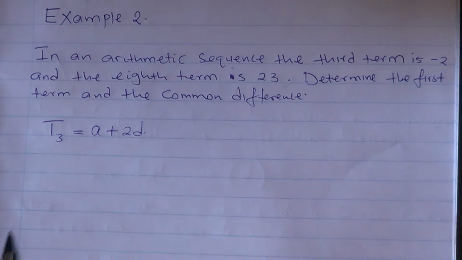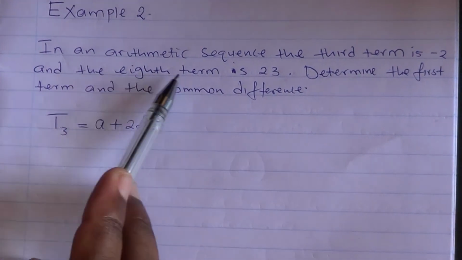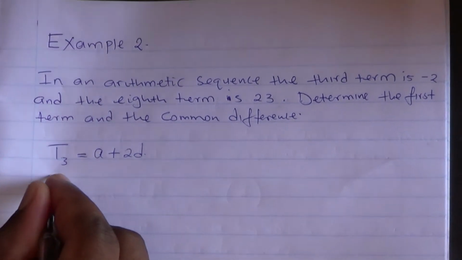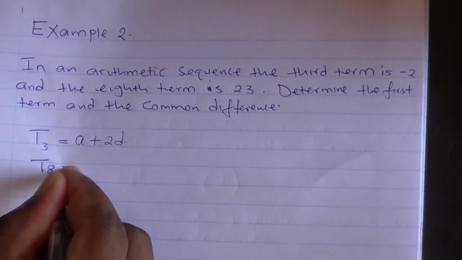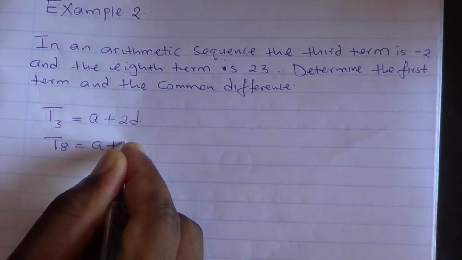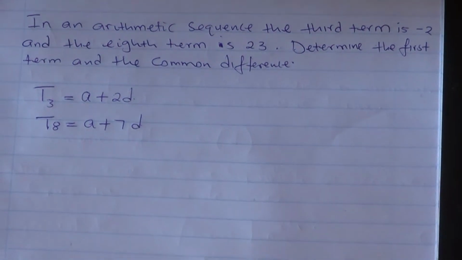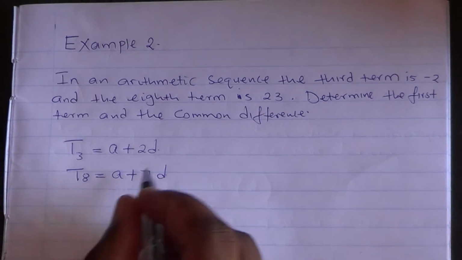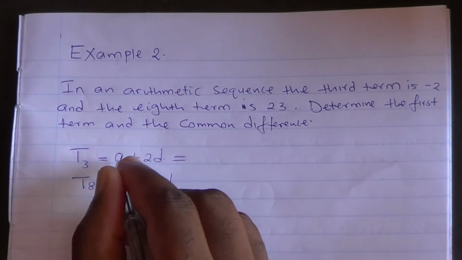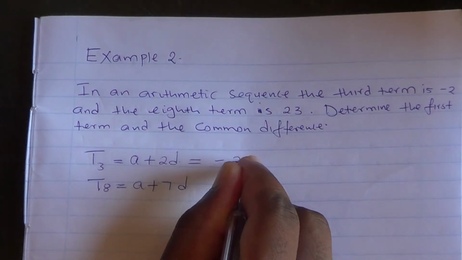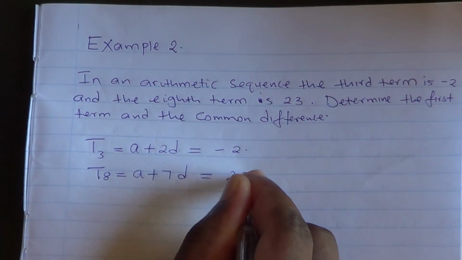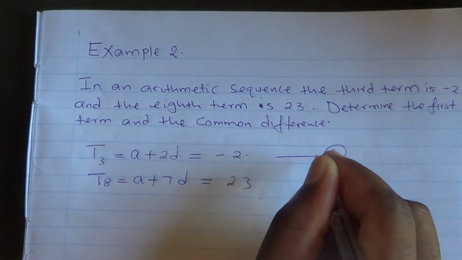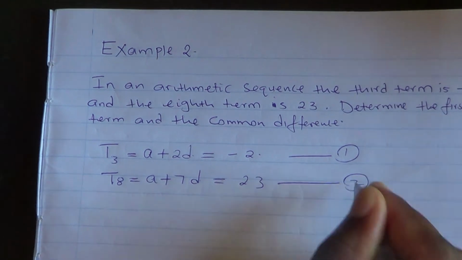And the eighth term is 23, meaning that T8 is a plus 7d. Determine the first term and the common difference. So this is our equation. This is equal to minus 2 and this is equal to 23. This is equation number 1 and this is equation number 2.